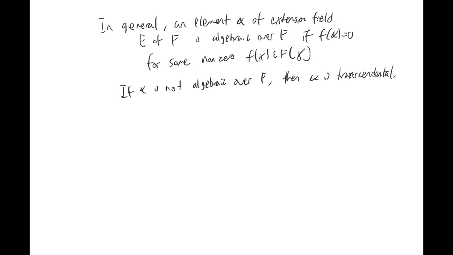So the element square root of 2 that I showed you before is algebraic, because it's a root of x squared minus 2. So I'm taking f of x to be this. So these are algebraic elements.